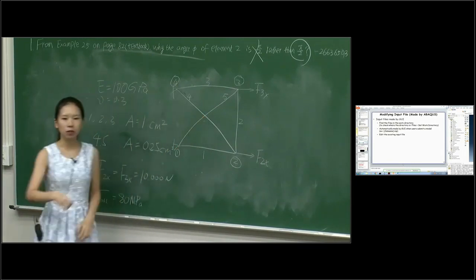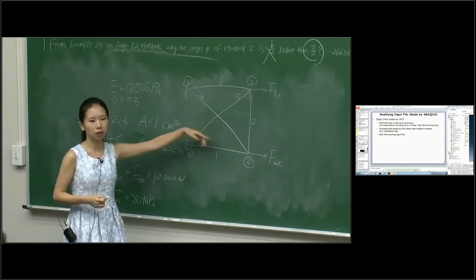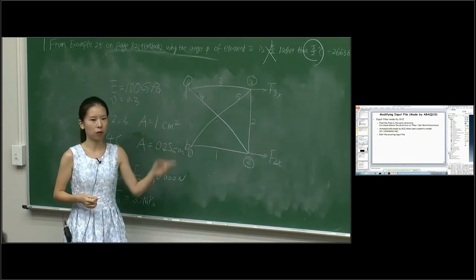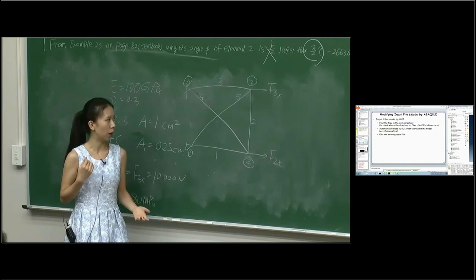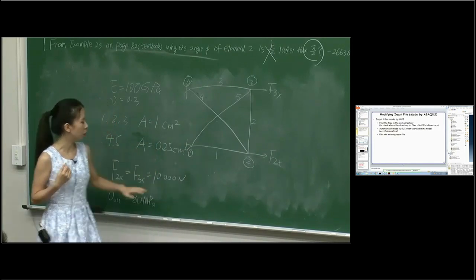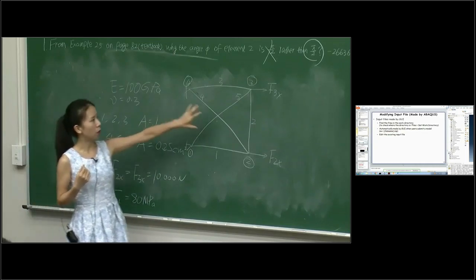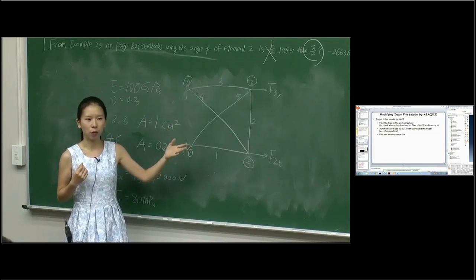And then I will modify the input file to remove this node, because there's no way I can modify it on the graphic interface. The only way I can do it is using the input file. So I will show you later how to remove this node and also how to change the cross-section area of each truss to gradually get a fully stressed design.